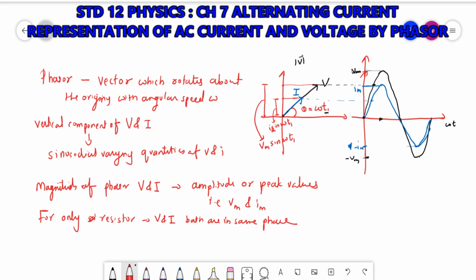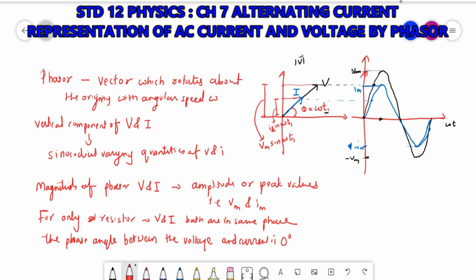Although here theta equals omega t, the angle between the voltage vector and the current vector is 0, meaning both are in the same phase. The phase angle between the voltage and current vector is 0.